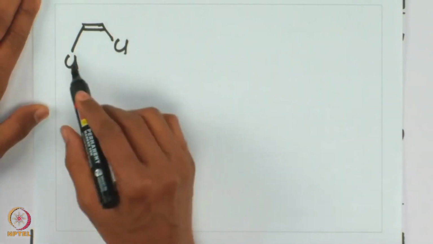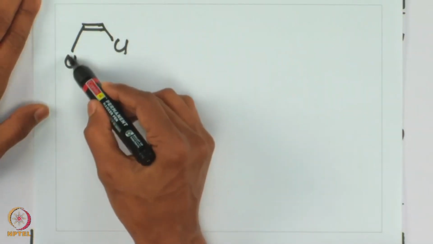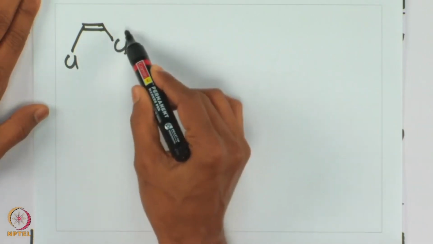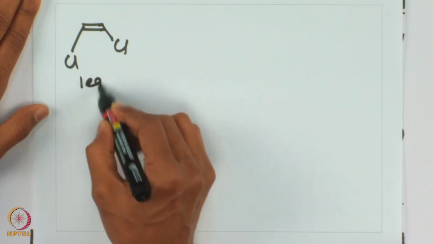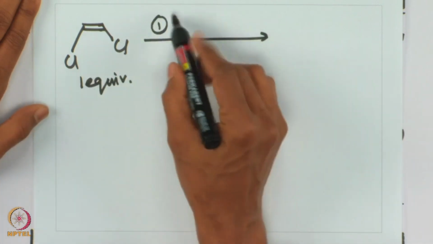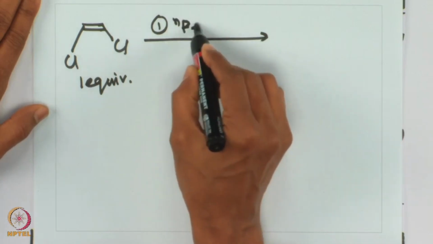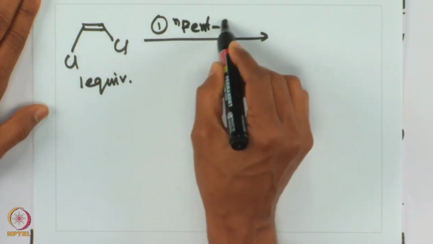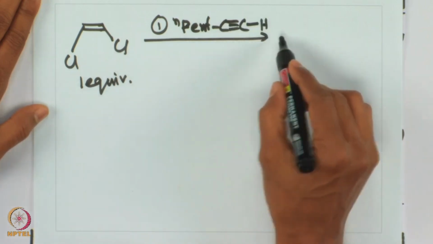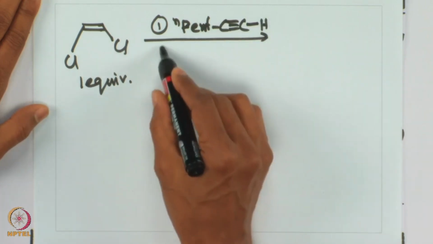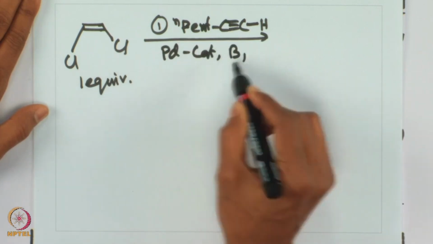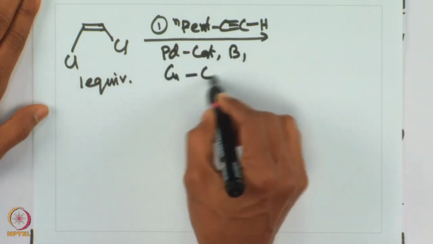The idea here is to put one alkyne here and a different alkyne here. Let us say you take one equivalent of this and then one of the alkynes, let us say N-pentenyl alkyne, one equivalent, and you are using a palladium catalyst, a base, and also a copper catalyst.